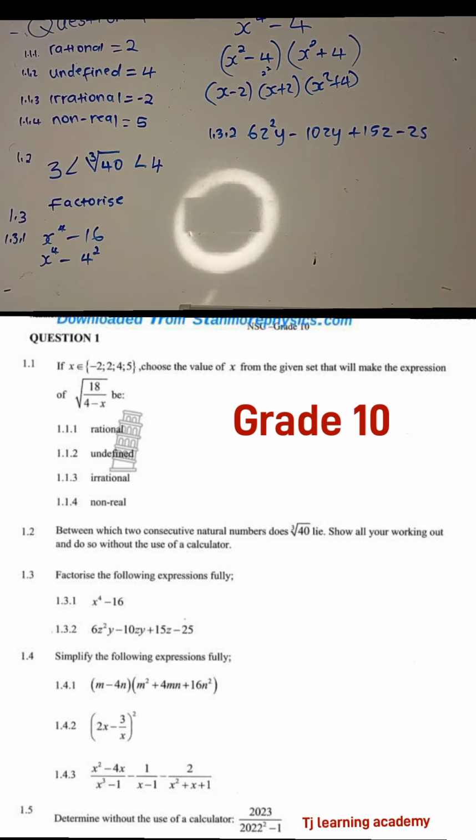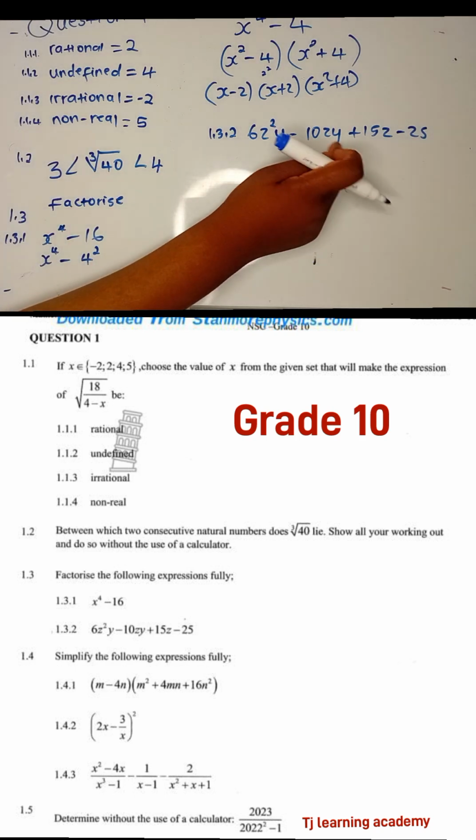Guys, in grade 10, whenever you see 4 terms, just know that we are factorizing in groups. We are factorizing in groups, and our group consists of two terms. We're going to factorize in groups.